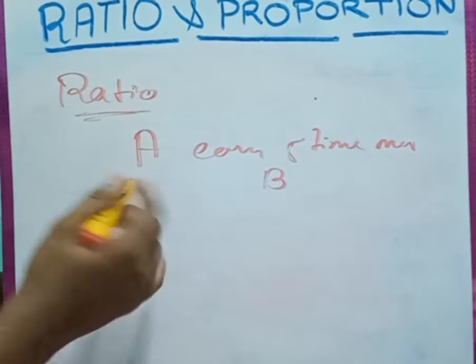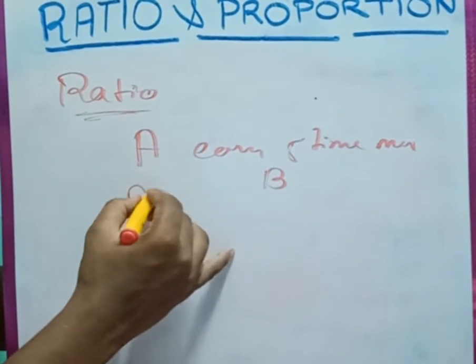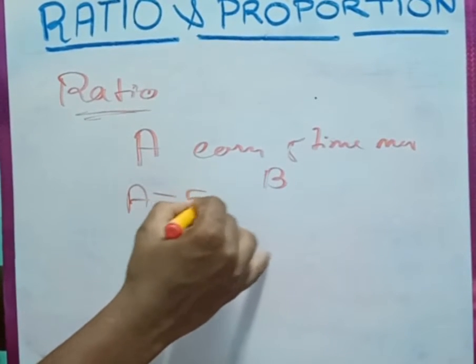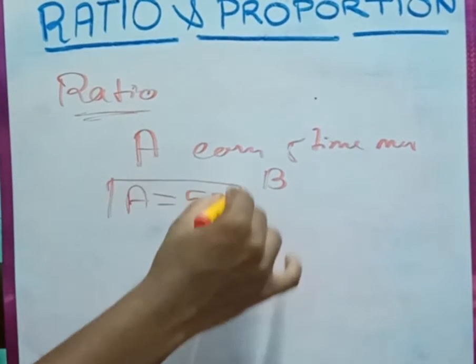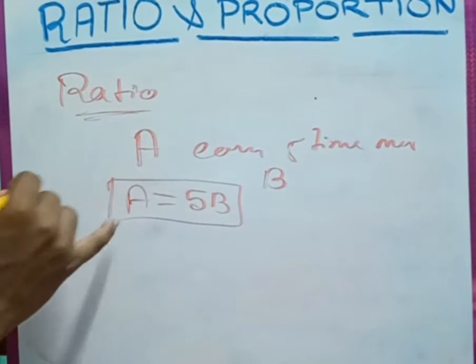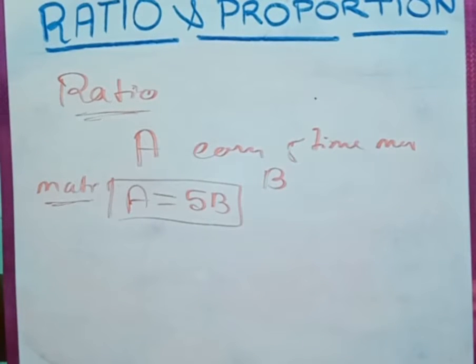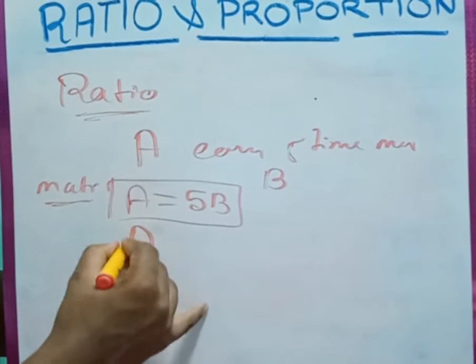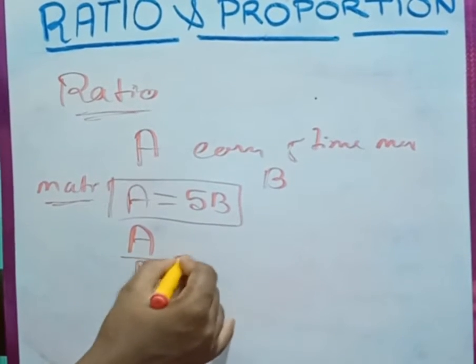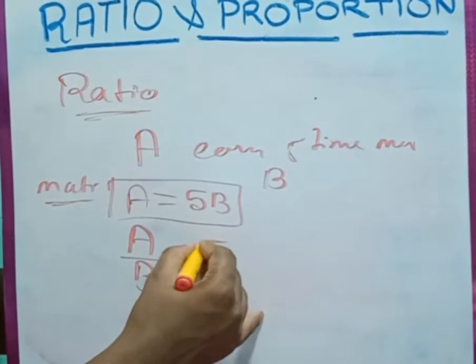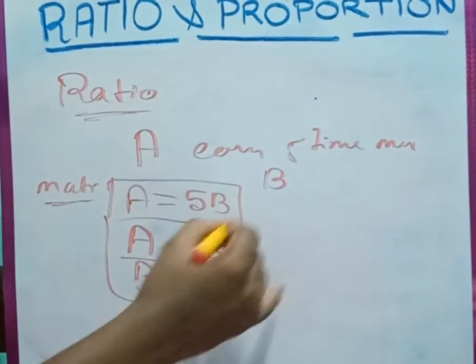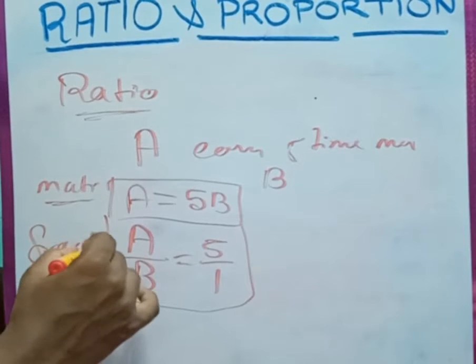In mathematics we write A equals 5B, right? This is a mathematical expression. If I ask you to write this expression in terms of a fraction, how will you write it? You will write A by B equals 5 by 1. So this is a fractional expression, right?